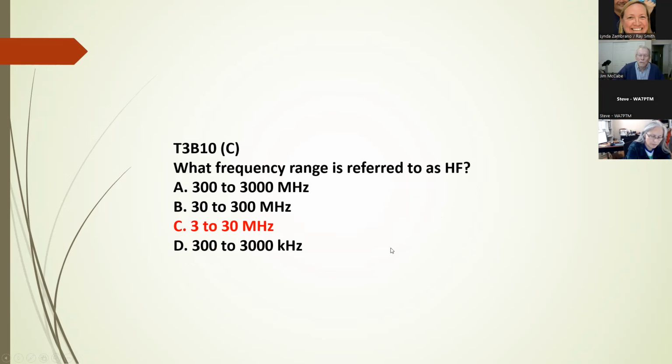And the last one that is most popular, HF, 30 to 300, 10 meters, 20 meters, 40 meters, 60 meters. Those are all in the HF range. Well, 60 meters isn't, it's a little over that, but a lot of the popular ones are in 6, 10, 12, 17, 20.